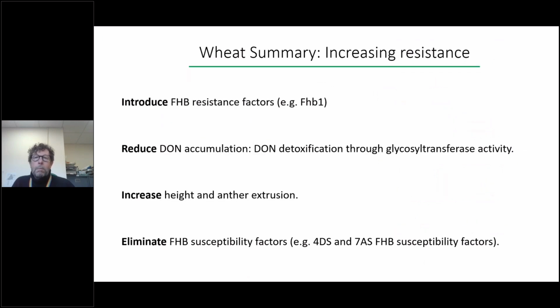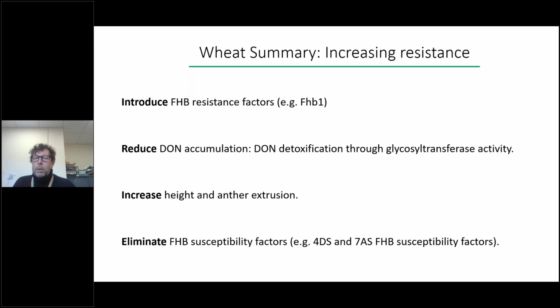So if we're going to increase resistance overall and eliminate mycotoxin accumulation in wheat, we've got different complementary approaches. It's to reduce susceptibility by increasing resistance factors like FHB1.